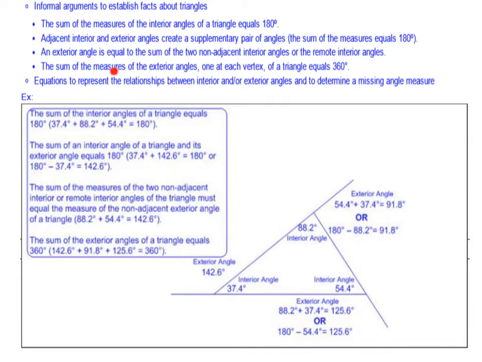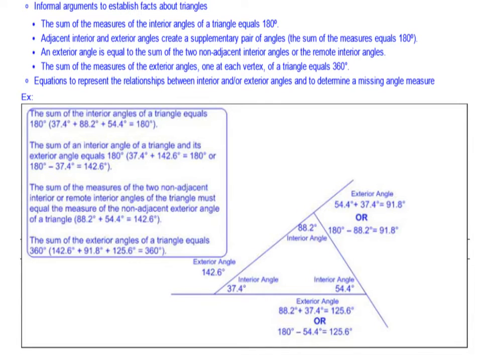The sum of the measures of the exterior angles, one at each vertex of a triangle, equals 360 degrees.